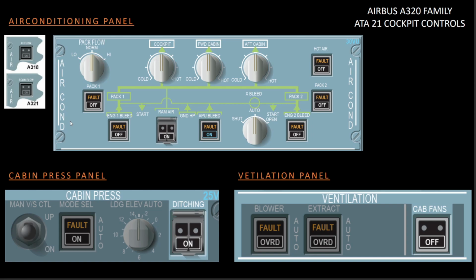So this pack push button deals with one of those solenoids. So when it comes to air conditioning pack 1, this particular switch will send the signal to its related solenoid. The pack 2 push button will send the signal to its related pack's flow control valve solenoid.